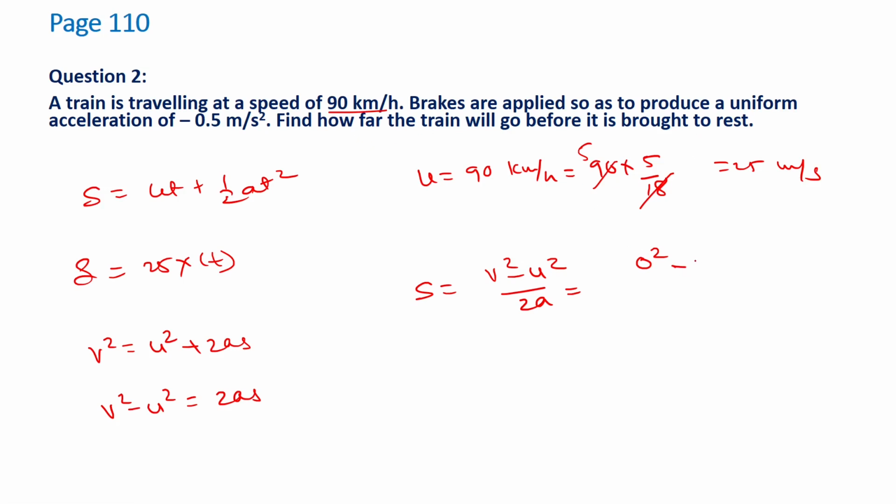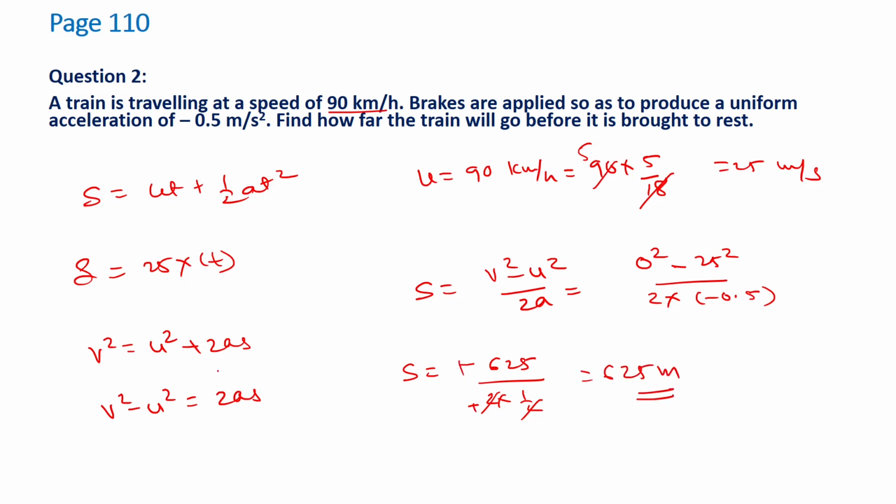So 0 squared minus the initial speed 25 squared, divided by 2 into the acceleration, which is given as minus 0.5. So 25 squared is 625, and 2 into minus 0.5 is minus 1, minus divided by minus becomes plus, so it is 625 meters, the answer of the question.